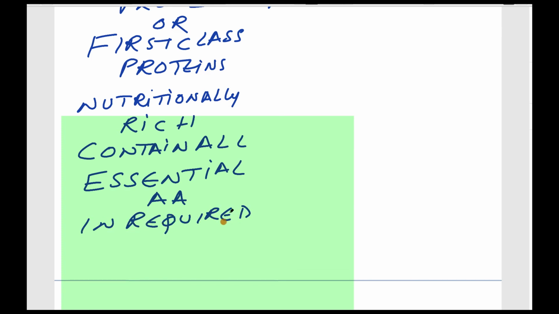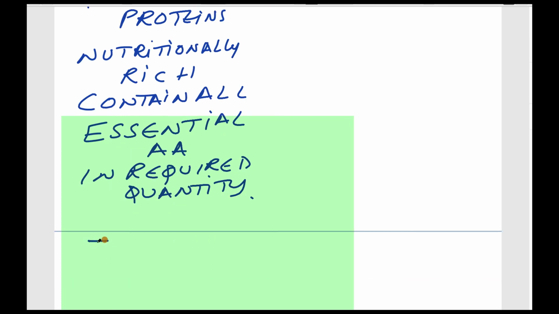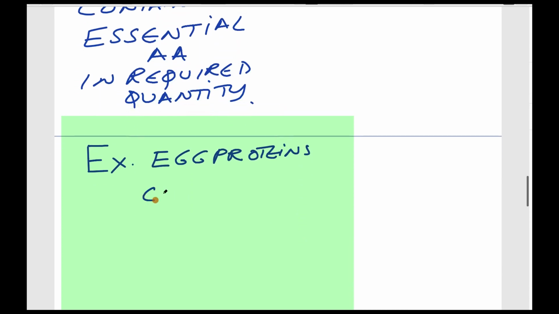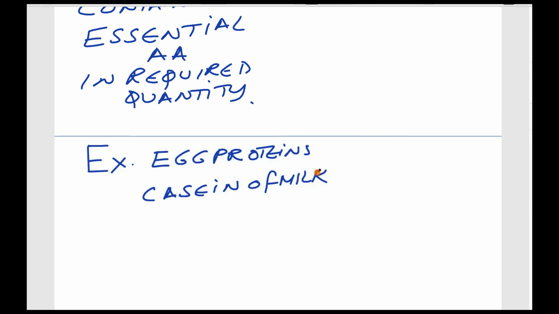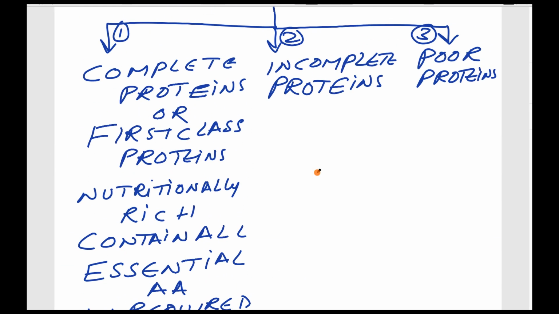Examples are egg proteins and casein of milk.